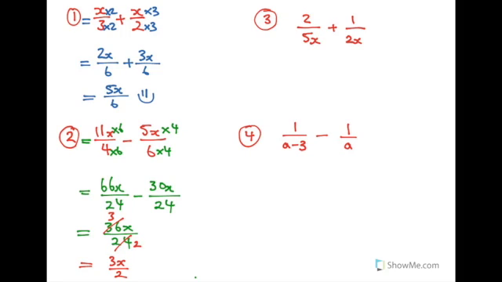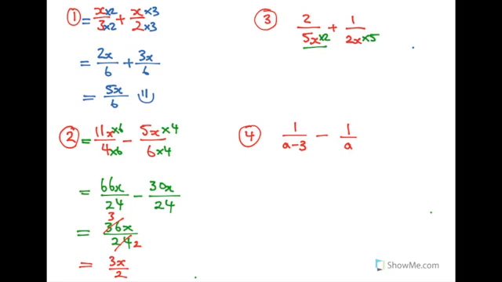Okay, now let's apply exactly what we've done in examples 1 and 2 to part 3. How do I get 5x the same as 2x? Well, I'm going to multiply this by 2, because then that will make it 10x, and I'm going to multiply this by 5, because then that will make that 10x as well, so the denominator is 10x.